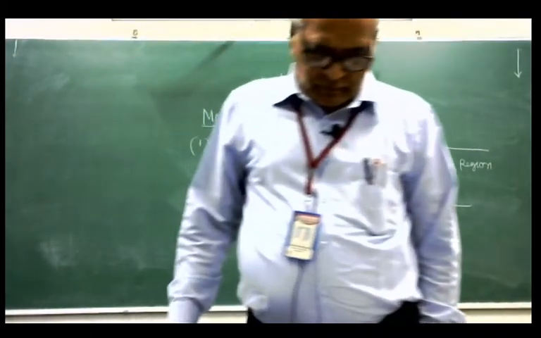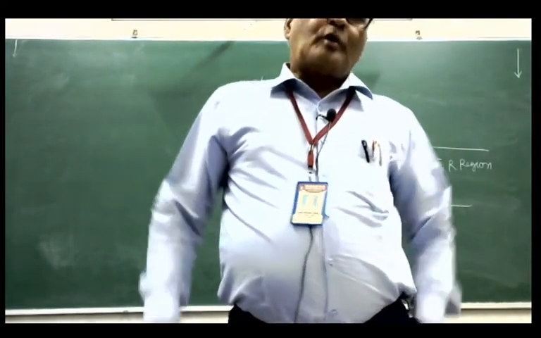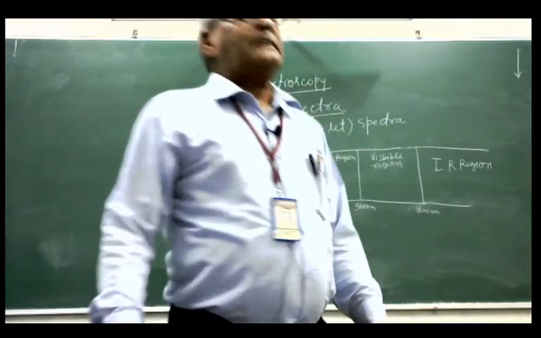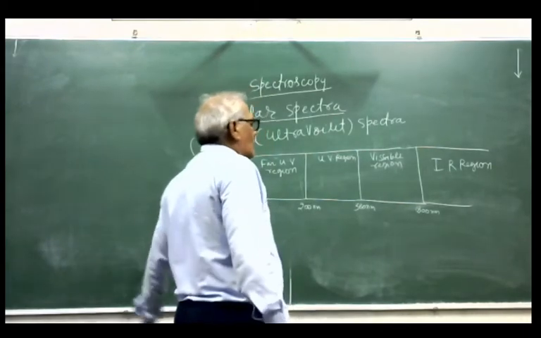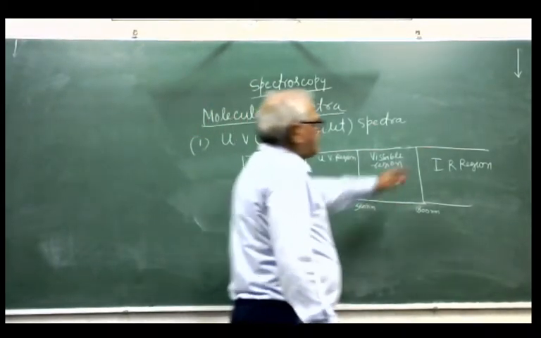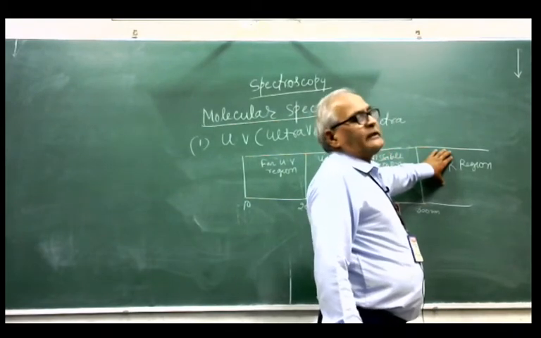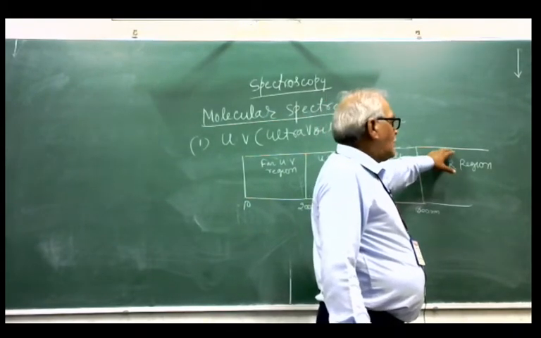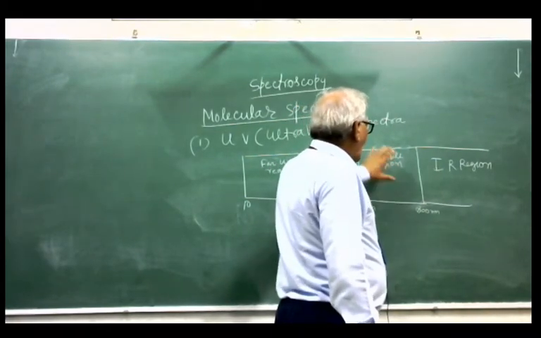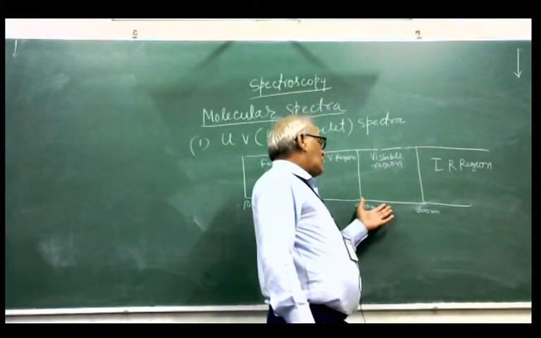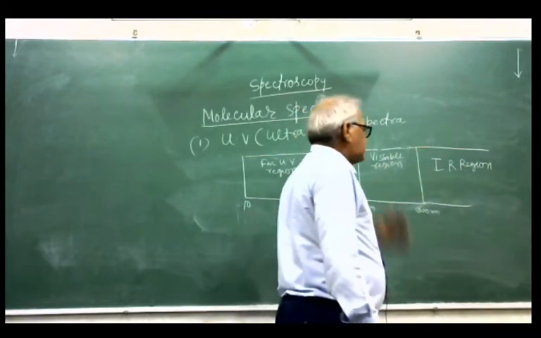So, the whole electromagnetic radiation is classified into different regions. This region has high wavelength, low energy. This region has moderate energy and less wavelength than the higher region.